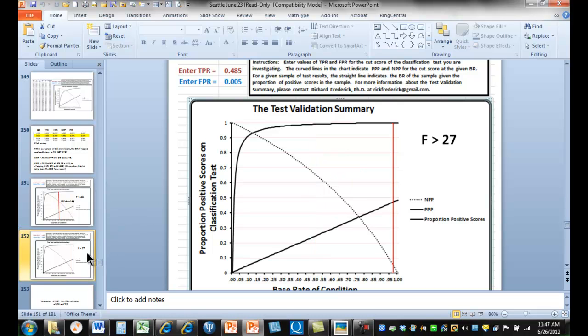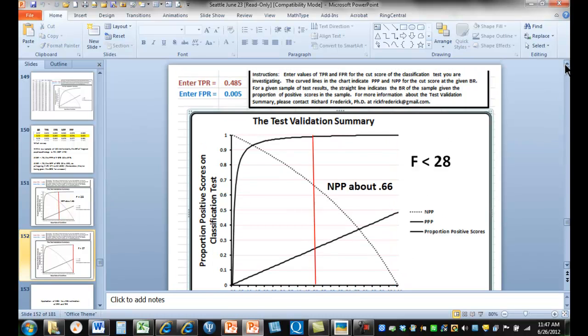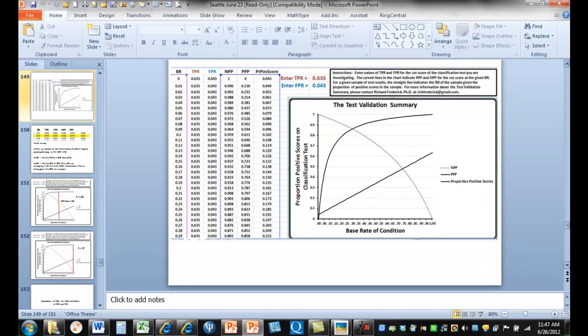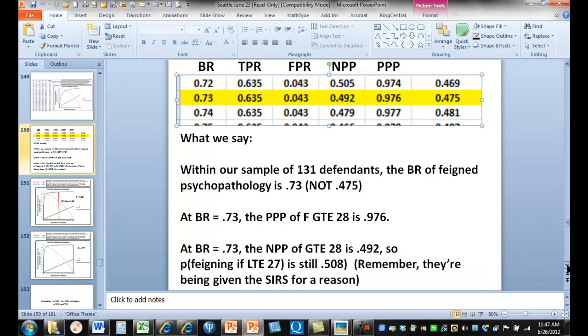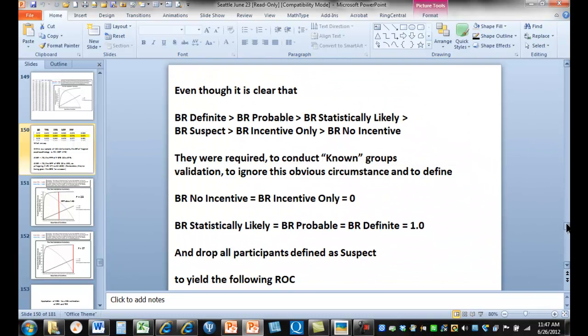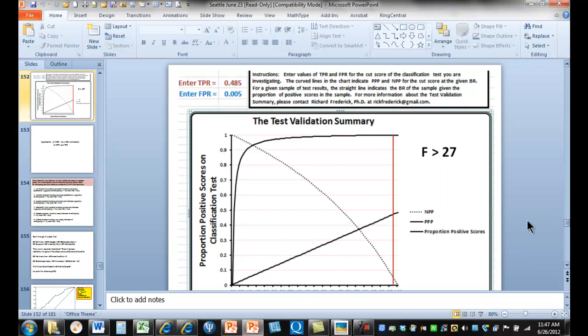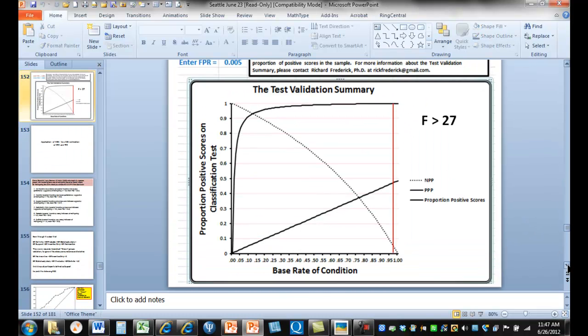And it's different if you have a positive score on the MMPI, about 97% chance of faking, 98%. You're already 98% likely to be faking. I mean, what's the advantage of the SIRS at that point? There is none.